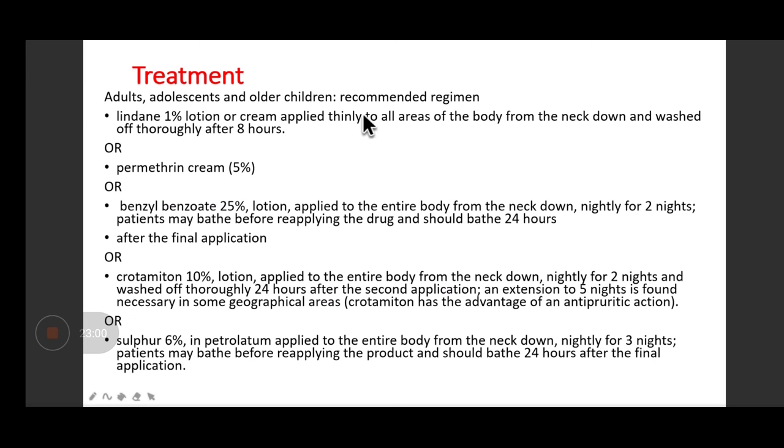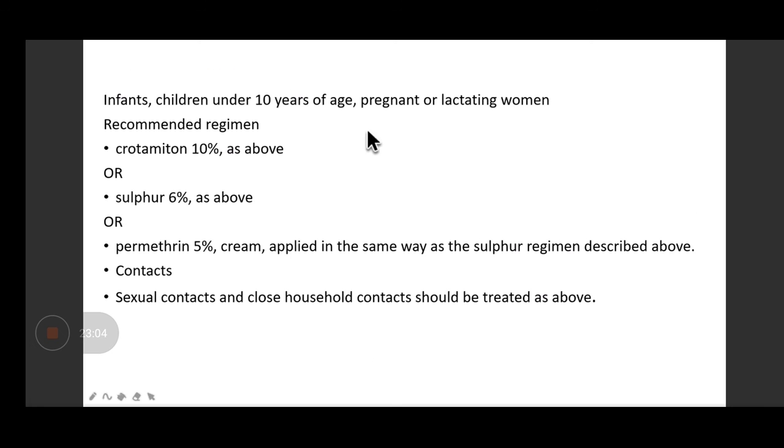This was for adults, adolescents, and older children. For infants under 10 years of age and for pregnant and lactating women, we use permethrin 5% cream, applied in the same way from head to down.